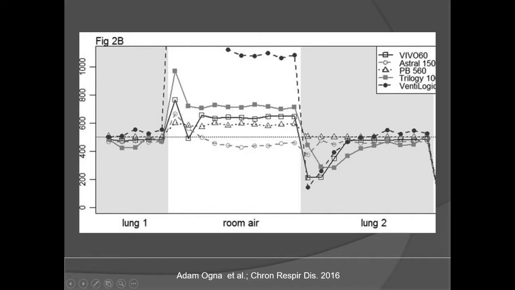So for instance here, if you set a tidal volume of 500 milliliter, during reconnection you only give 250, and then progressively 300, 400, and finally after 4 or 5 cycles you will give the right volume.